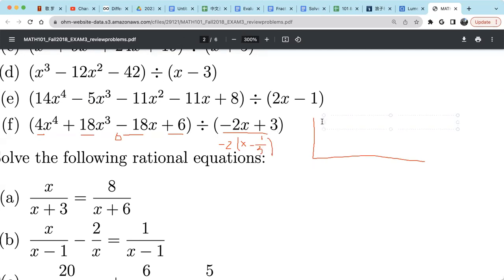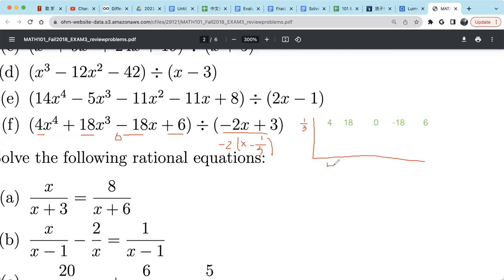Let's write inside. We have 4, coefficient of x raised to 4, 18, coefficient of x cubed, 0, coefficient of x squared, -18, coefficient of x, 6, constant. Then we write 1/3 outside. It's going to be a little bit difficult to calculate because this will have fractions.